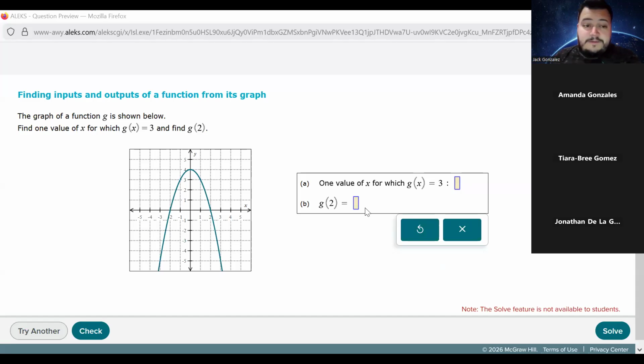It's a lot of problems here. This is number 32. So let's go over the concepts here. Do you remember what it meant to put the 2 in here?